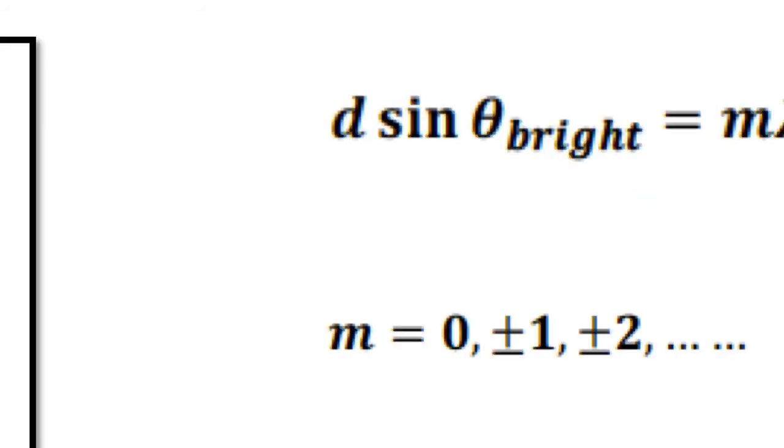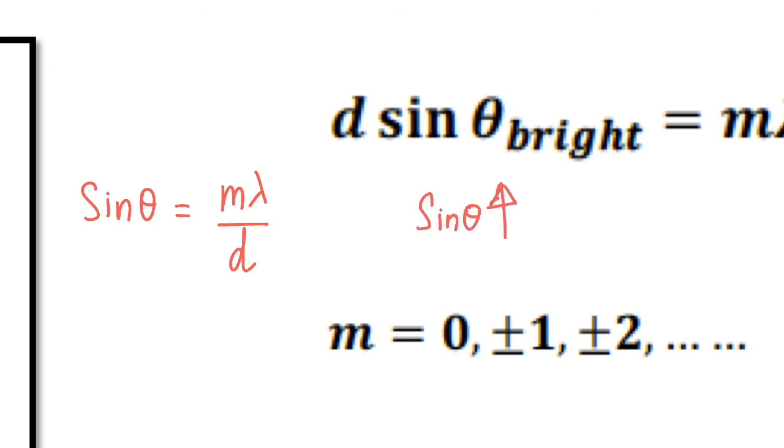We can rewrite this equation as sin θ is equal to mλ over d. Hence we can see all the factors which will affect sin θ. If we want to increase sin θ, we have to either increase the wavelength or decrease d, which is the slit spacing in the diffraction grating.